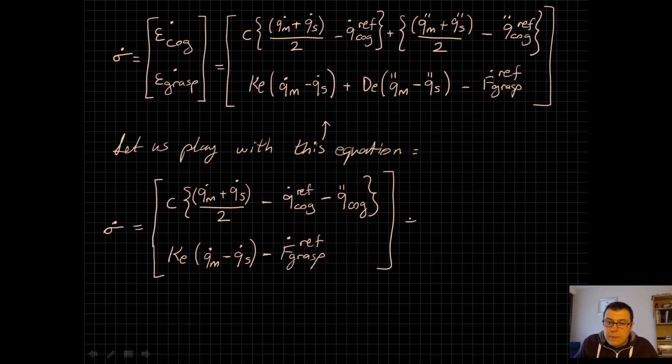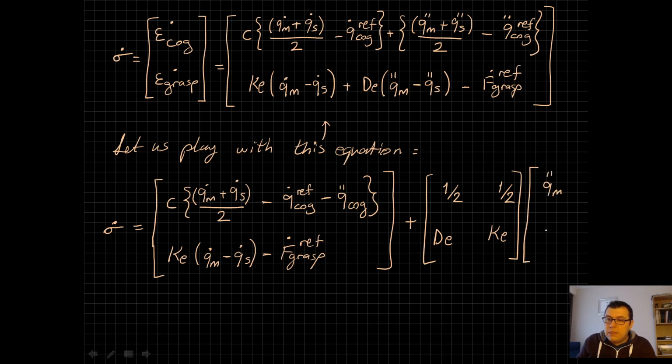Plus, I can write here 1 over 2, 1 over 2, De and Ke as a matrix multiplying Qm double dot, Qs double dot.